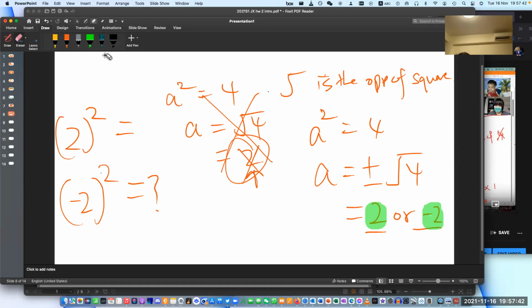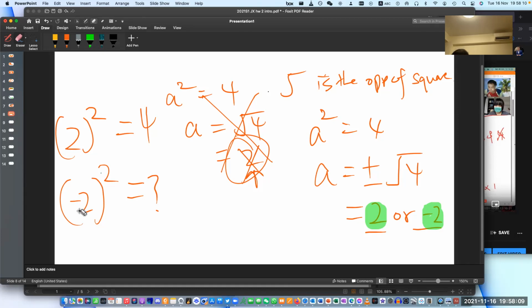So the first one you get, wait, let me check. I get 4. Yeah, 2 to the power 2 should be 4. Then what about the next one? Over here, by the way, you should put a bracket.